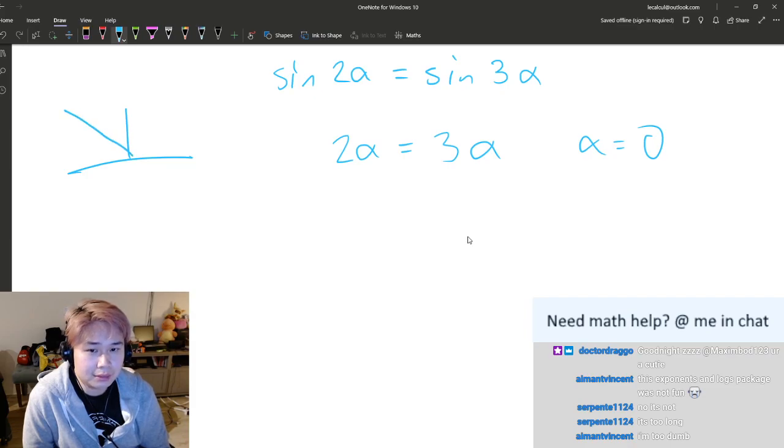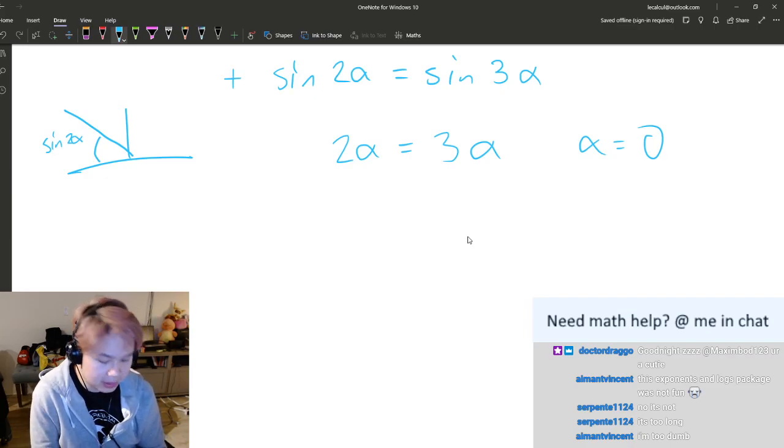Yeah, so it doesn't matter which one is in the second quadrant, because again, you're solving for positive stuff. So let's just say sine 2 alpha. So the actual angle is right there.